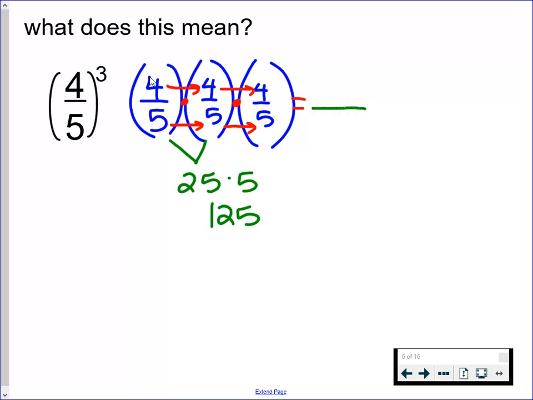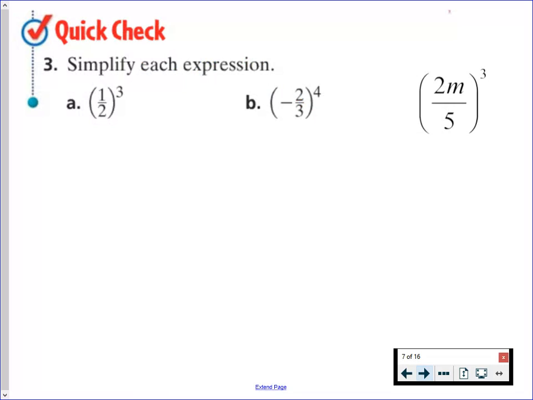Think of quarters again. So I don't have to panic when there is a fraction and an exponent. I just stretch it out and multiply straight across. Go ahead and pause and try some of these.